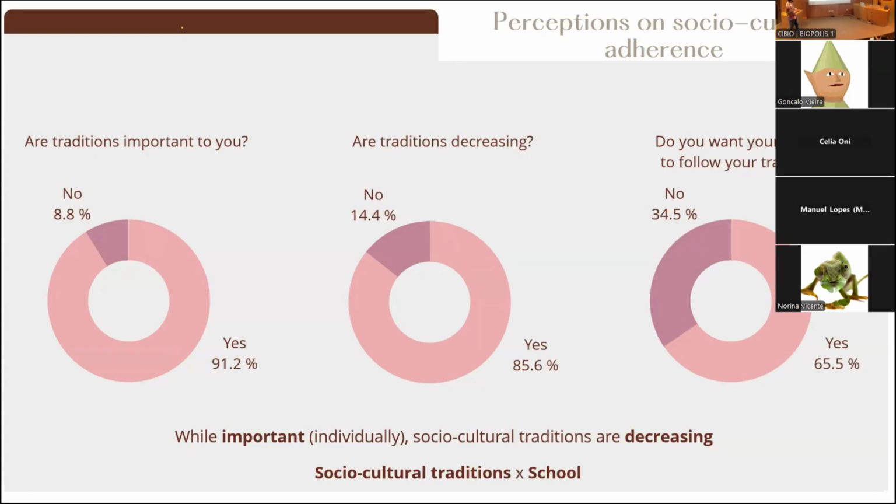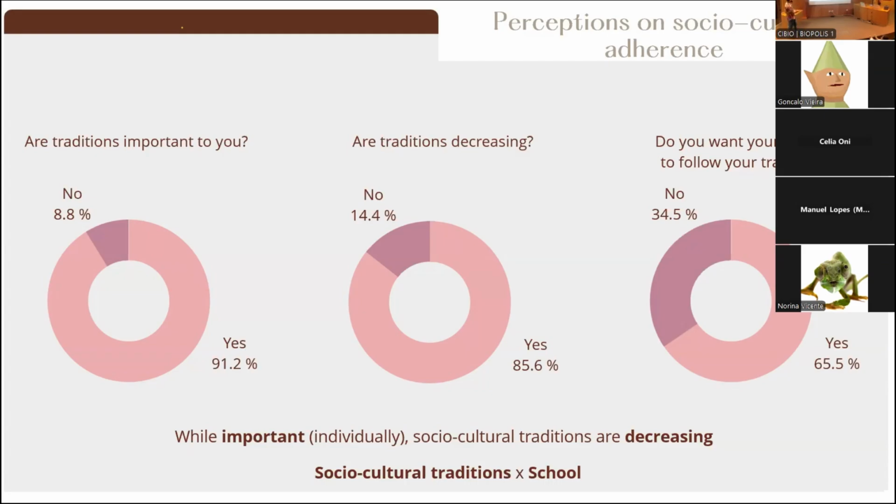Most of the people we interviewed said that they were very important for them individually. Most of them said that yes, they think it's decreasing, and typically what was reported is that younger generations do not want to go through some of the practices that are required for them. And when you ask, do you want your children to follow your traditions? There is a significant percentage already of people that say they don't want to.